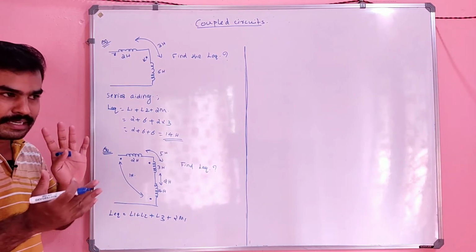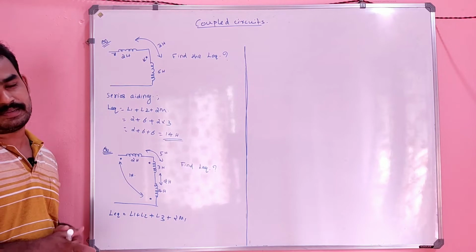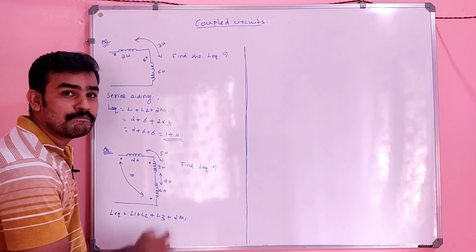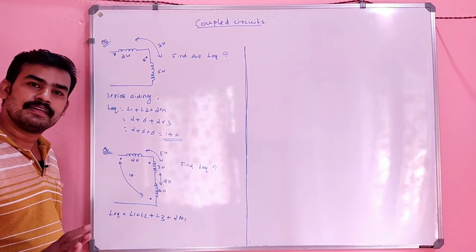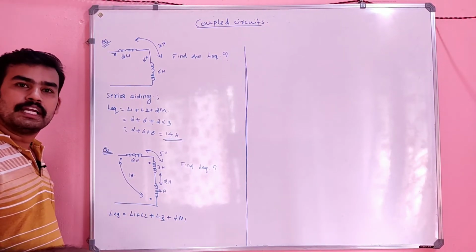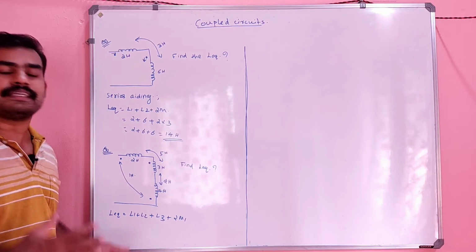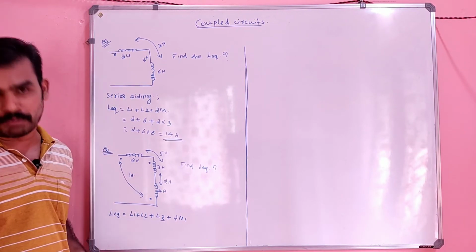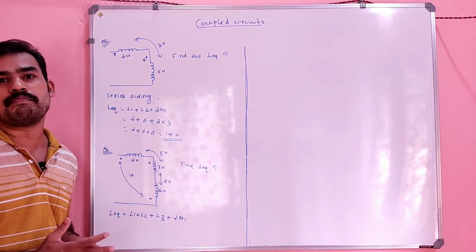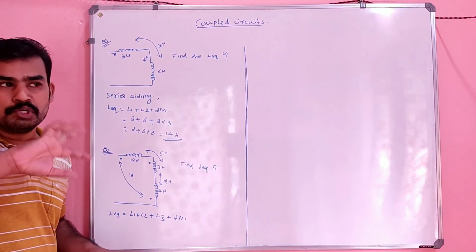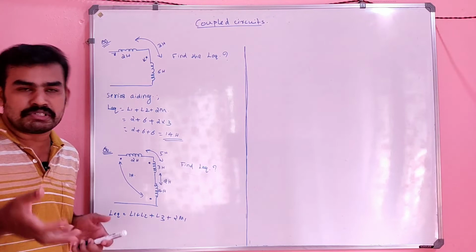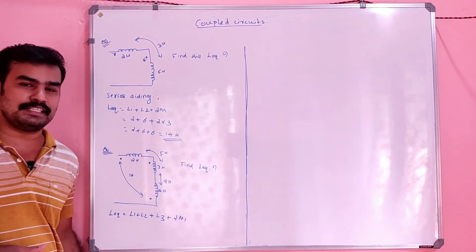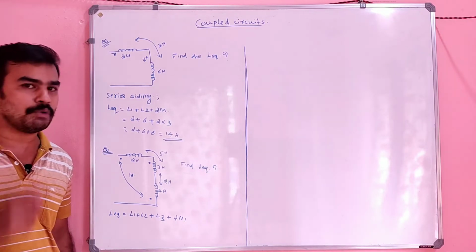If some are series opposing, the change will happen only in the terms M1, M2 and M3. There is no change in L1, L2, L3, because whenever the self inductances are in series aiding or series opposing, they are simply added together, but the mutual inductance will be added or subtracted, that is plus or minus, depending upon the nature of the flux flowing through the circuit. That we have to take care of.